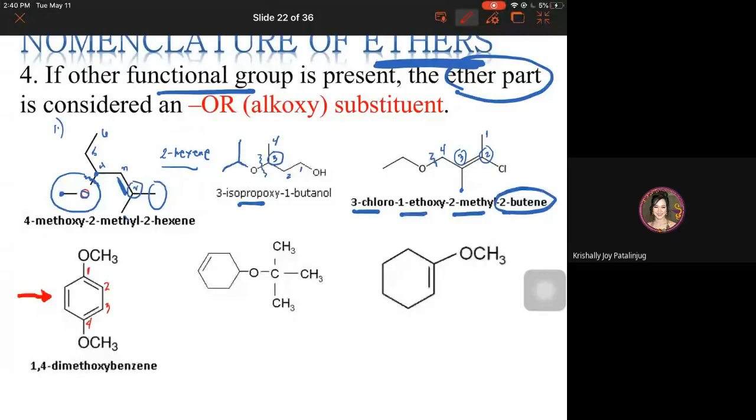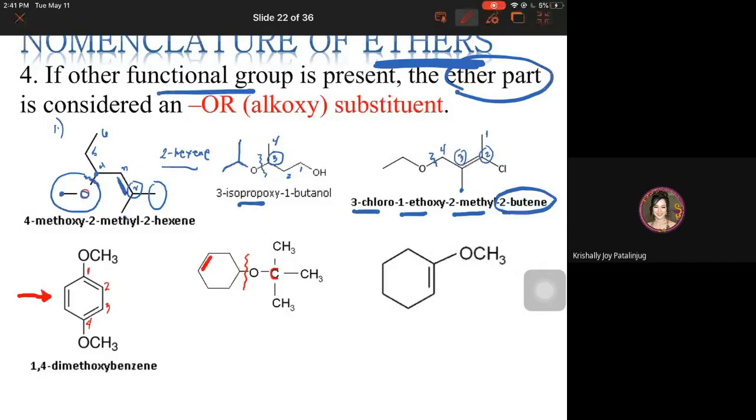Okay, next. Again, there is a double bond, so this is already an alkene. It is automatic: whenever you see OR, an ether, with another functional group, the OR becomes an alkoxy. What is this? This is tert-butyl. Change the -yl to -oxy: tert-butoxy, at carbon 4.